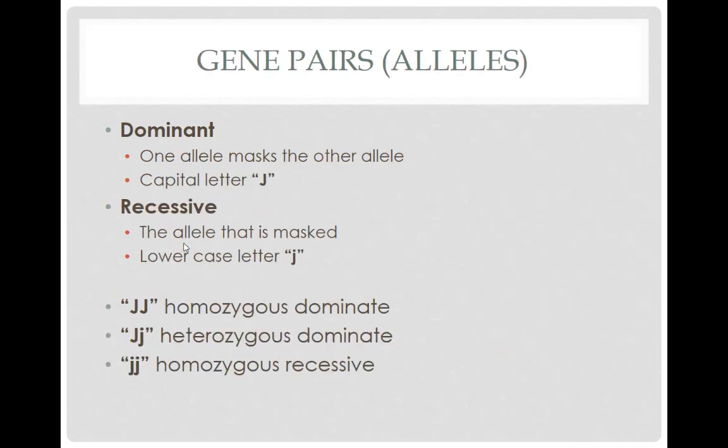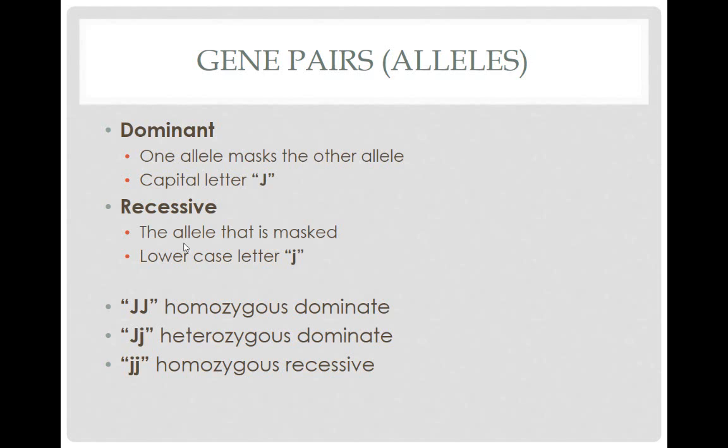So as we were talking about with these alleles, dominant, one allele masks the other allele. Okay, so obviously you would expect that. As I said, the dominant is usually expressed as a capital letter, and for recessive, the allele is masked, and that is usually represented by a lowercase letter. So if you look here, if we have two capital letters, because they're the same, that would be homozygous, and it is dominant because they are both capital letters.